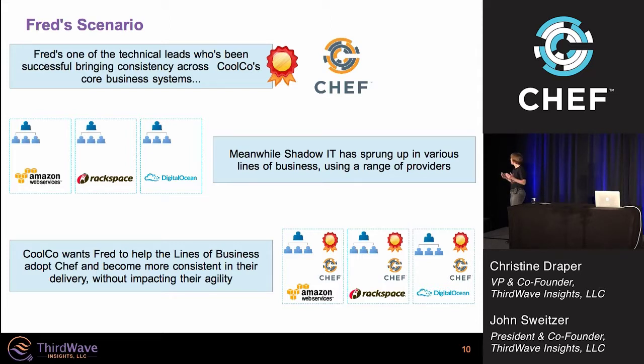And what's happened is a bunch of shadow IT projects using a range of technologies and providers has sprung up. So what Fred has been asked to do is work with those teams, help them adopt Chef, become more consistent in their service delivery, but obviously not impact the business agility that they currently have.